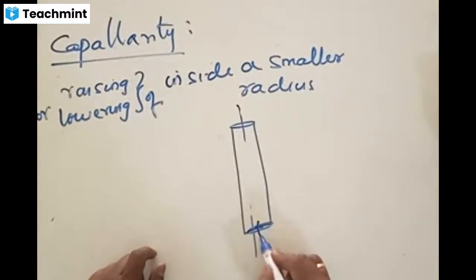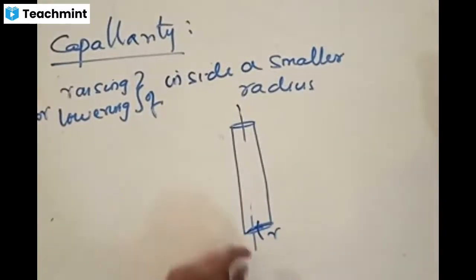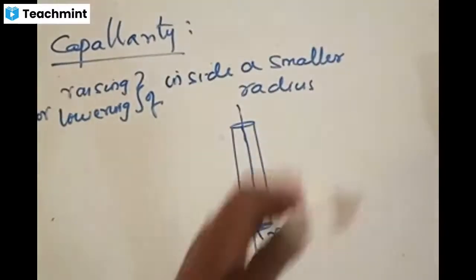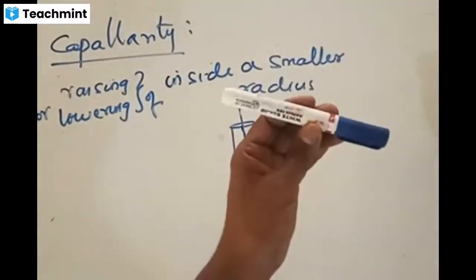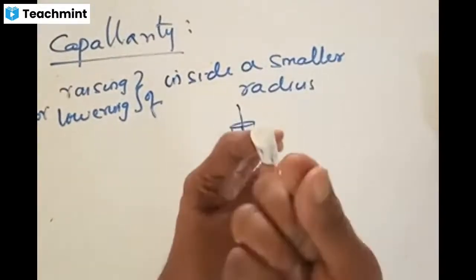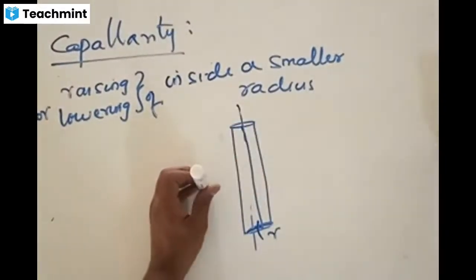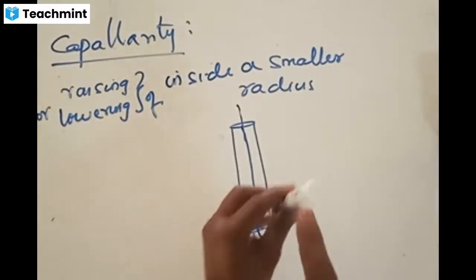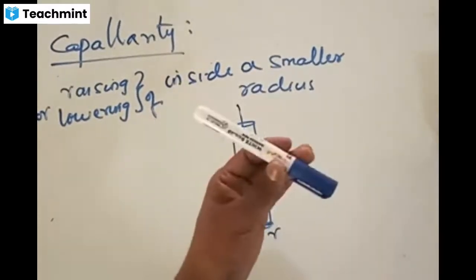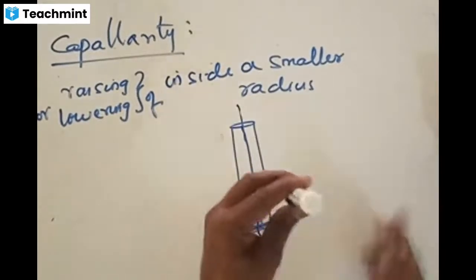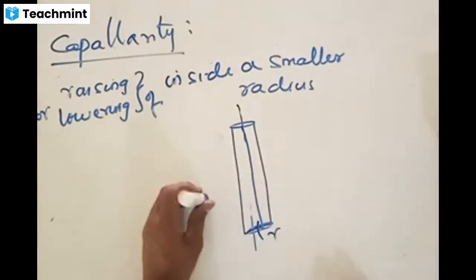Total is diameter, half of that is radius. There is a small opening inside this. For some kind of a cylindrical rod, there is a small hole present from here to here, very small, that is called as a capillary tube. If there is a small hole at the center of a cylindrical rod like this, from here to here, completely open hole, that is called a capillary tube.